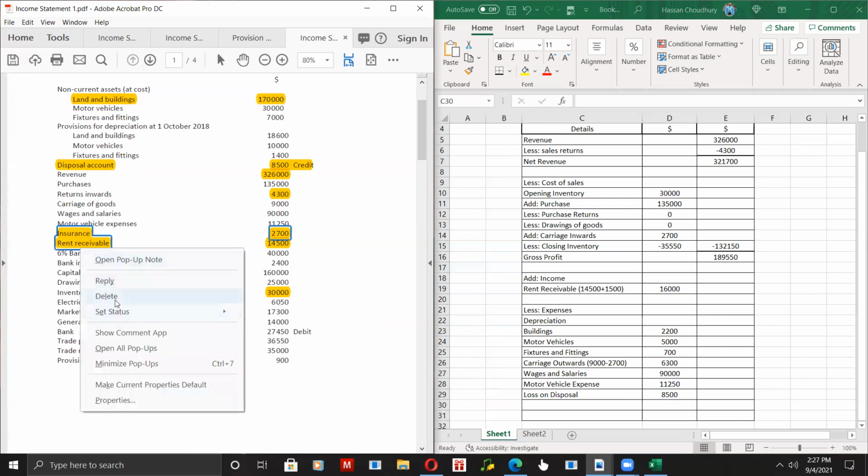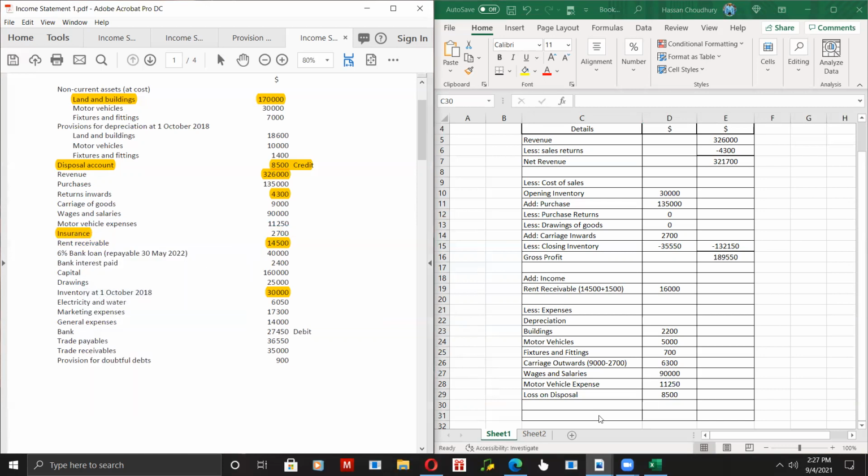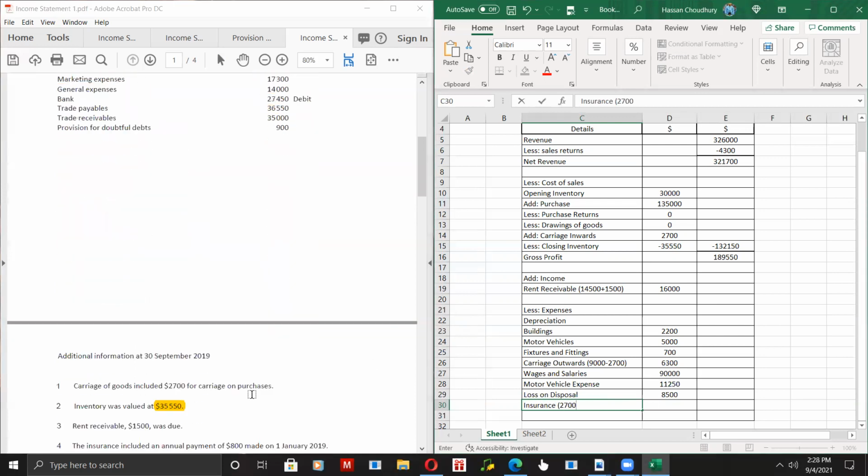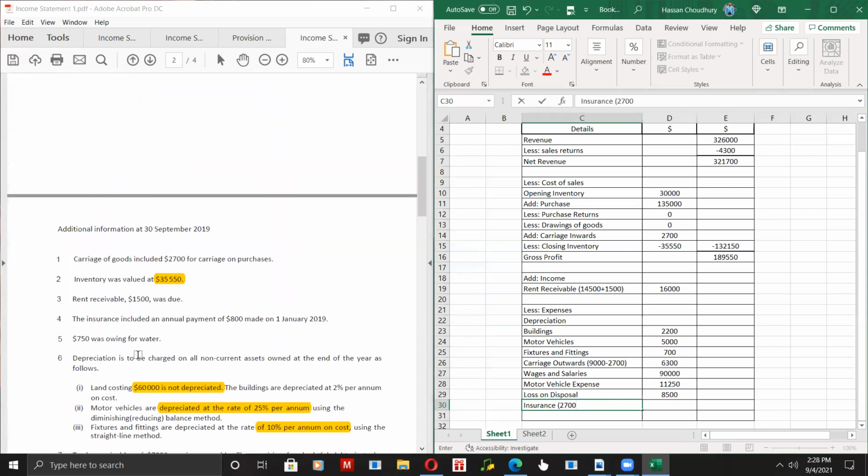Now with regards to insurance, you got to be careful here. Insurance is 2,700. However, you should understand that the insurance annual payment of 800 was made on 1st January 2019. Annual payment is for the year, so this payment is for January till December 2019.